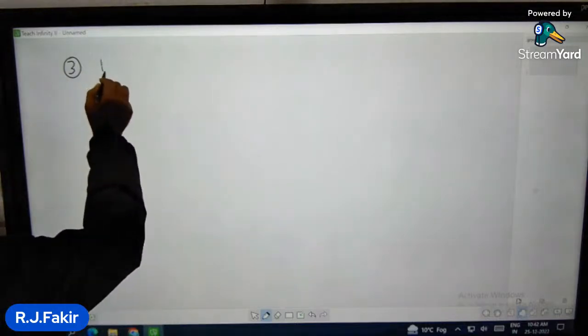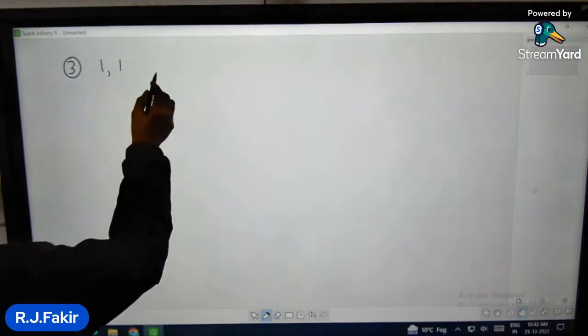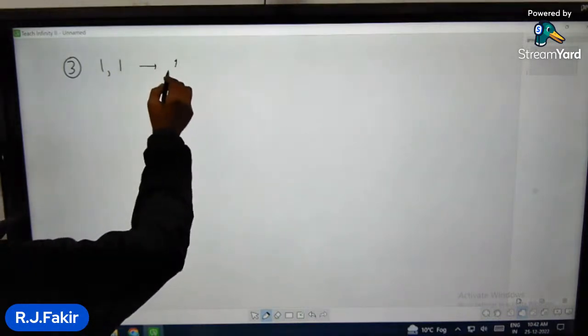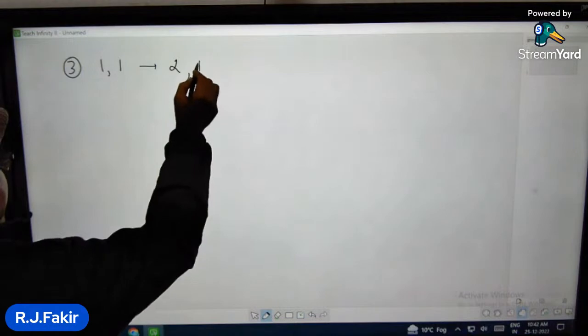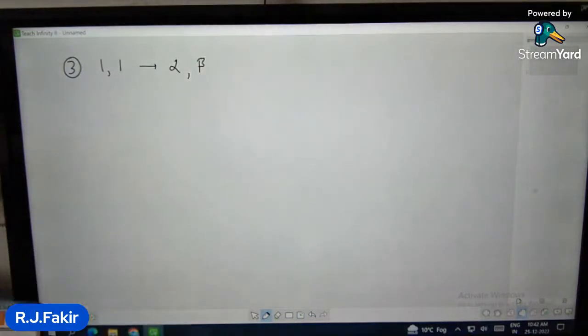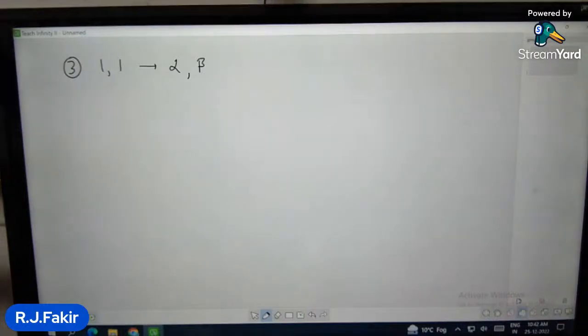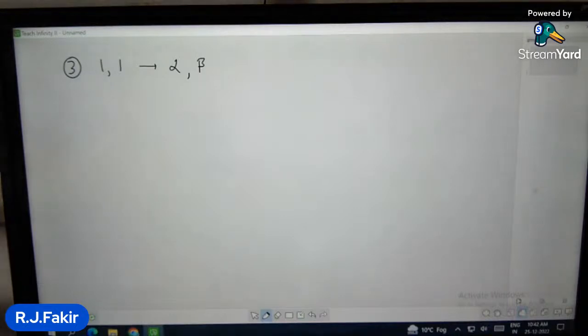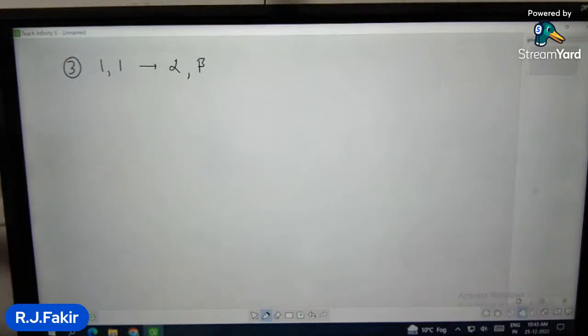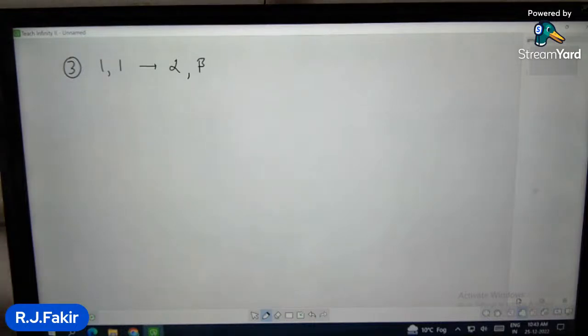They are 1 and 1. You also call it as alpha and beta. There are 4 quadratic polynomials given to you. One way is you can solve them to find their zeros and you can choose the correct option.